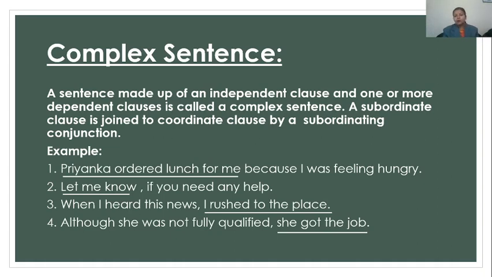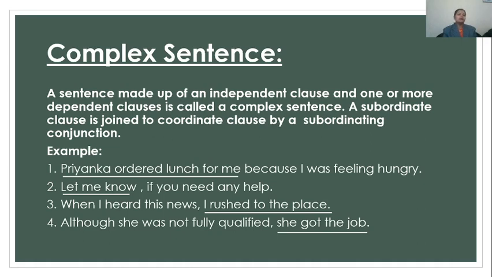There is one more way to identify the difference between a compound and a complex sentence: you need to learn what are coordinating and what are subordinating conjunctions. Children, coordinating conjunctions are easy to learn because they are countable, like but, and, yet, for. These are some coordinating conjunctions. Or is also a coordinating conjunction.